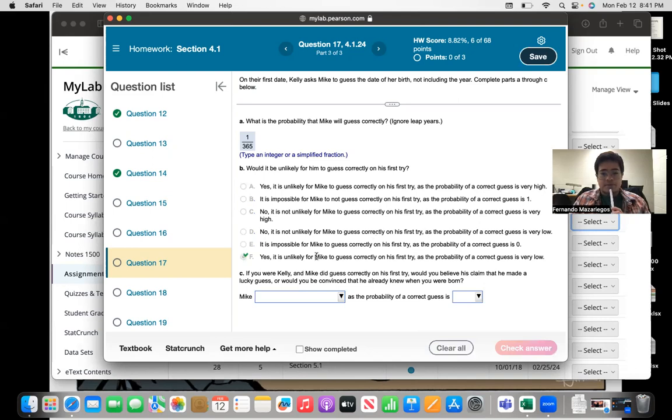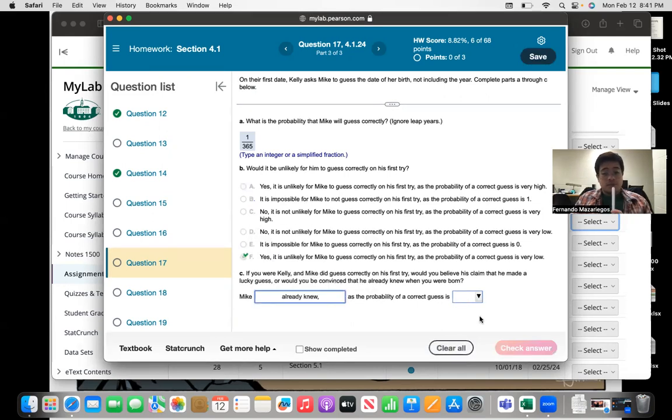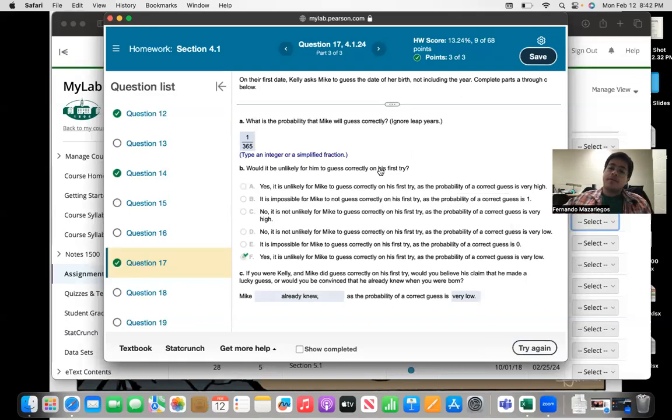And lastly, part C. If you were Kelly and Mike did guess correctly on his first try, would you believe his claim that he made a lucky guess, or would you be convinced that he already knew when you were born? Mike already knew, as the probability of a correct guess is very low. And this is very important. This is the foundation of what we're going to do in upcoming chapters.